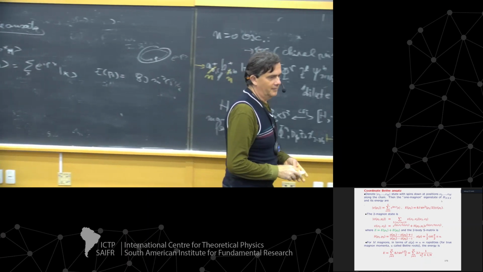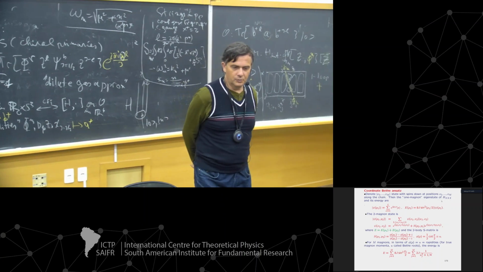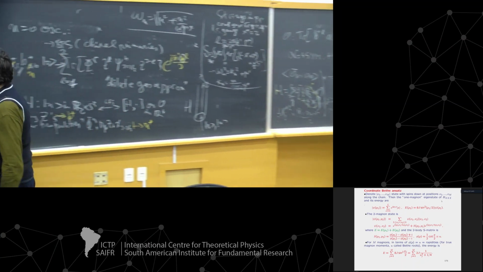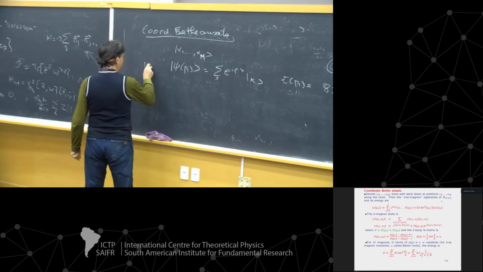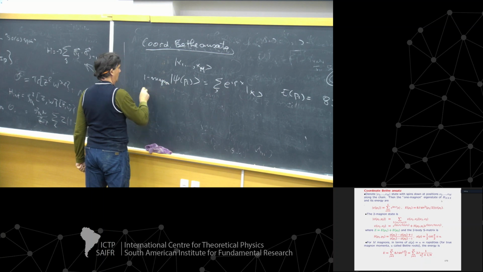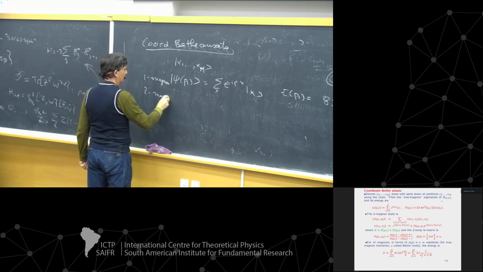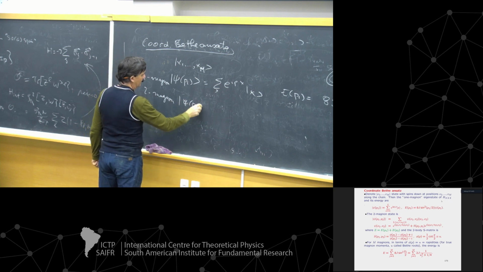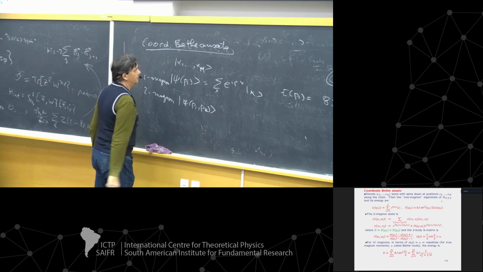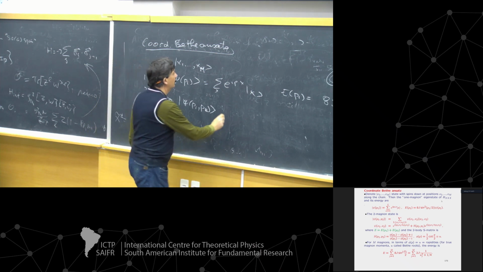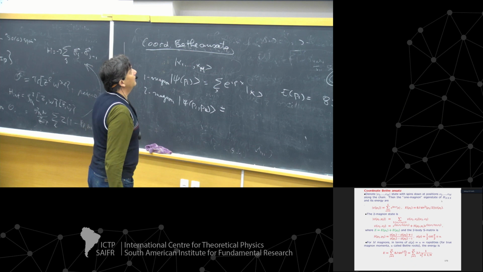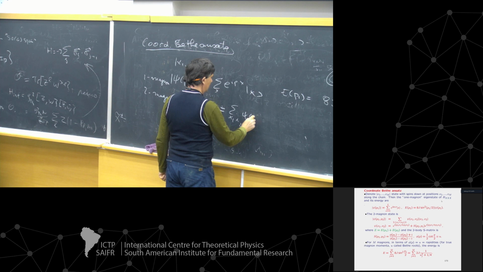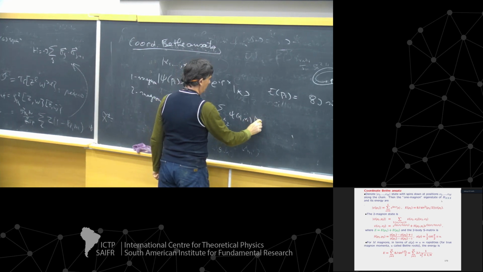But the non-trivial thing is when you have two particles or more. So first, the two particle state, or two magnon state, has to be something that depends on two momenta. Again, I write it as a sum over x1, x2 of psi(x1, x2) |x1, x2>.